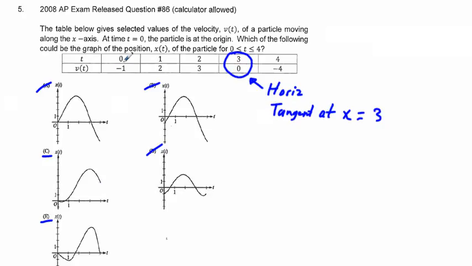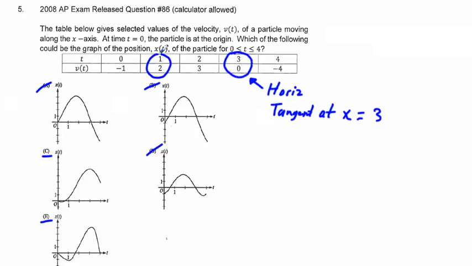Next, we've got to look at our slopes. So at 0, we have a slope of -1. Well, it's pretty inconclusive because it looks like the graph is going down from the get-go. C or E could possibly be correct. Now we look at 1.